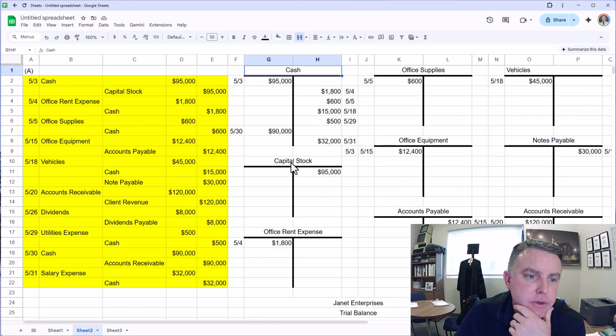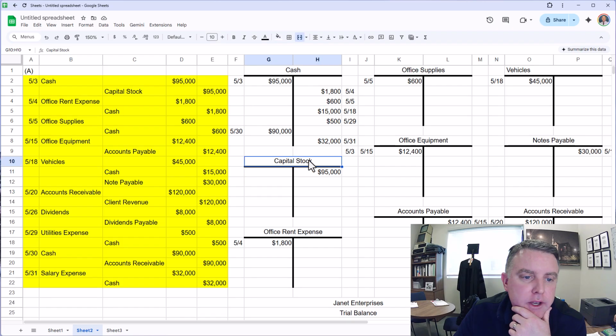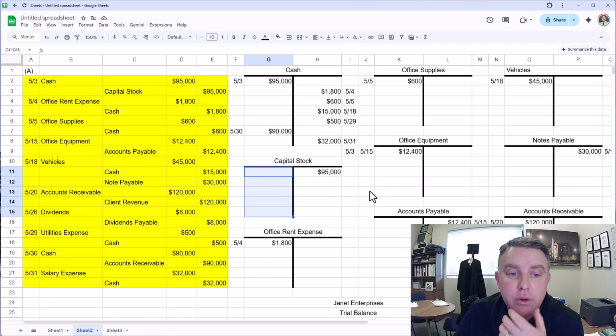So we do it for cash, we do it for capital stock, office rent expense, office supplies, office equipment. Now notice capital stock is one where we only have one journal entry that affected the account. So the total for this account will be 95,000, and the credits exceed the debits. So 95,000 exceeds all the debits because there are no debits.